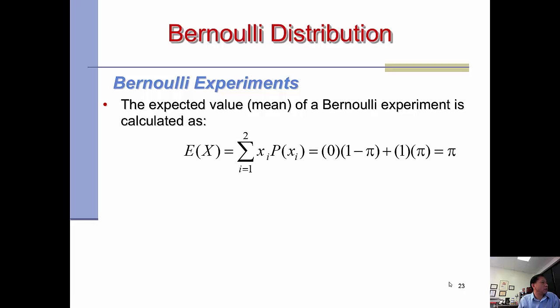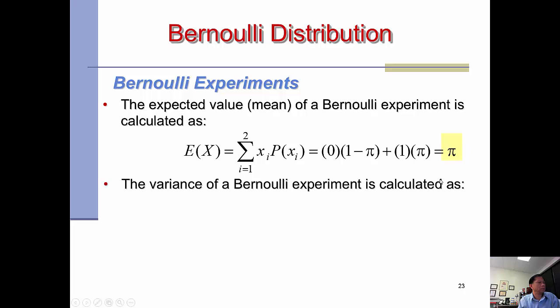And the expected value of a Bernoulli experiment is simply pi. If you use xi times P, the probability, there are only two states and two outcomes. The first one is 0 times 1 minus pi. The second is 1 times pi. 0 times that equals 0. 1 times pi is pi. So for a Bernoulli experiment, the expected value, or mean, is simply pi.